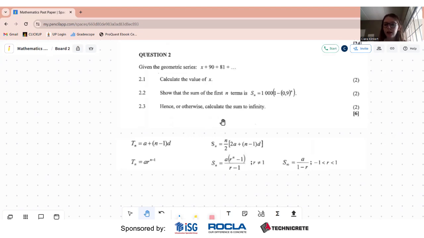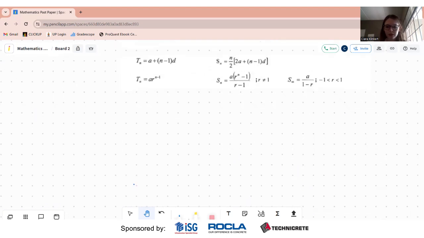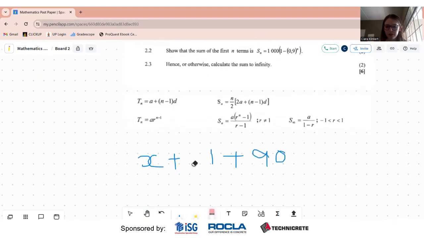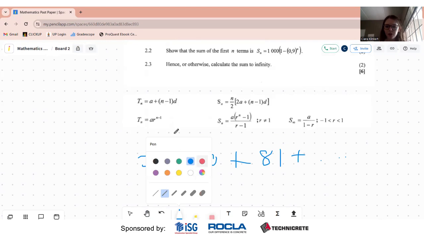First thing I really want to explain is the link between series and sequence. So we are given the series x plus 90 plus 81. Sorry about that. Now this is a series because I want to add all the terms together.